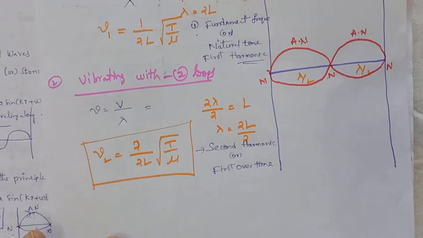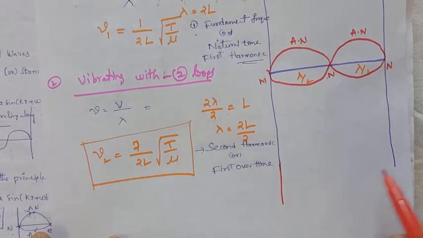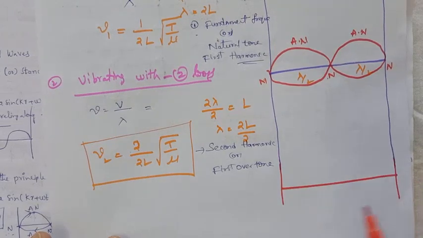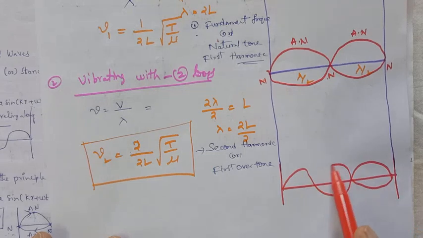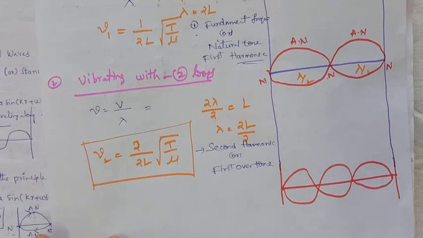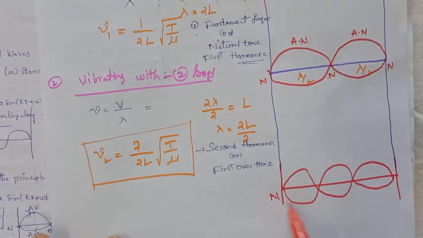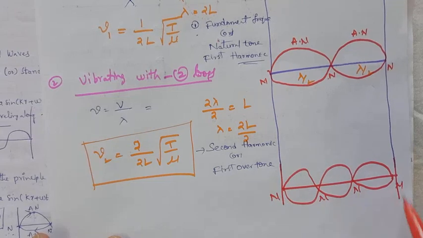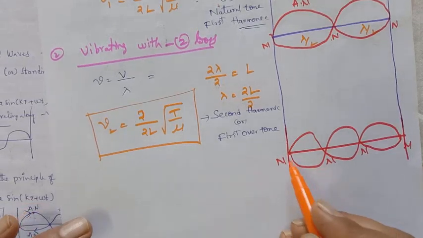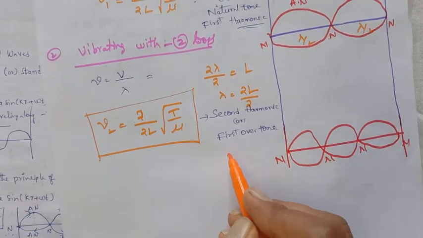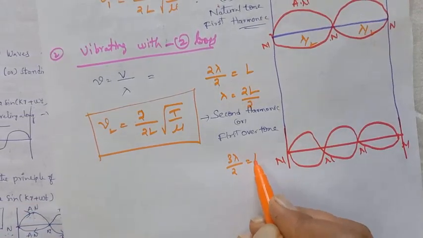Next is when the string is vibrating with 3 loops. Then it is node, node, node, node. The total distance is lambda by 2, lambda by 2, lambda by 2. So 3 lambda by 2 is equal to the length.